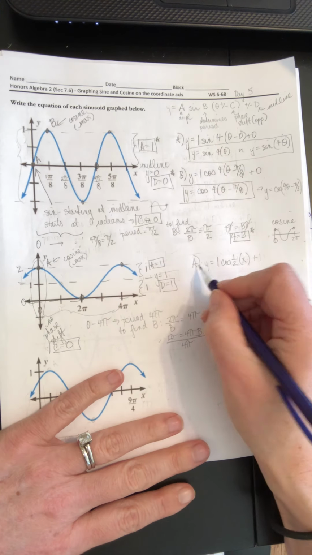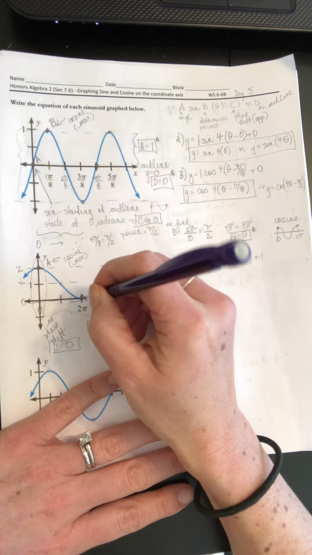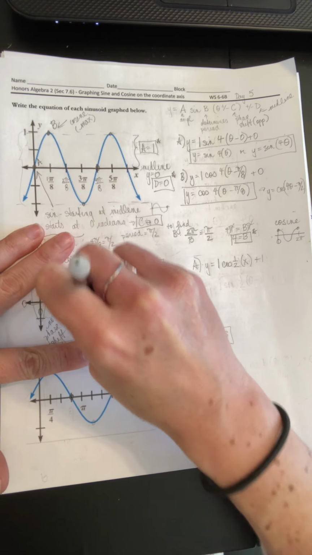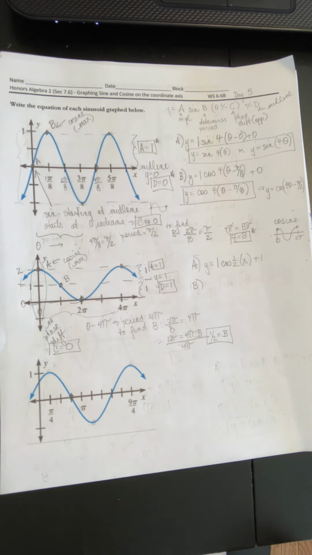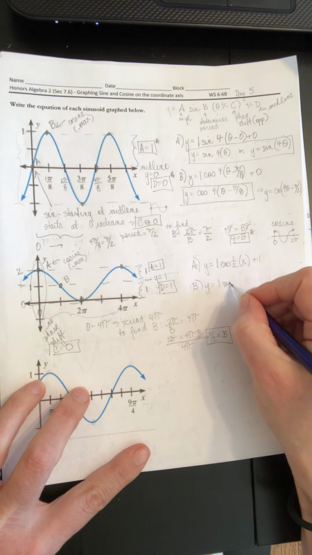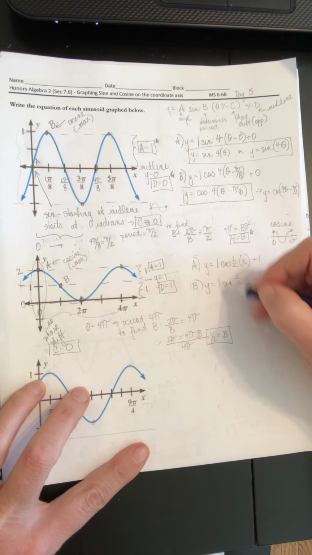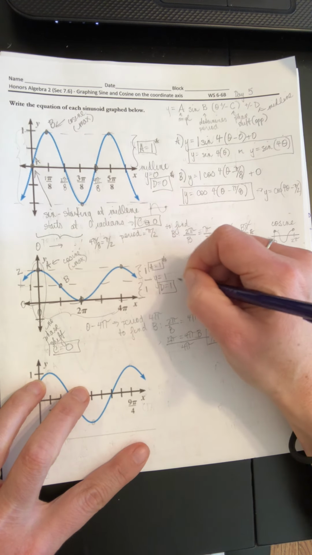Okay, now for sine, right, we can also think of it as starting here. Oops, sorry. At our midline, okay? So another acceptable answer here would be y equals 1 sine, right? My B value stays the same, so remember A, B, and D are always the same.